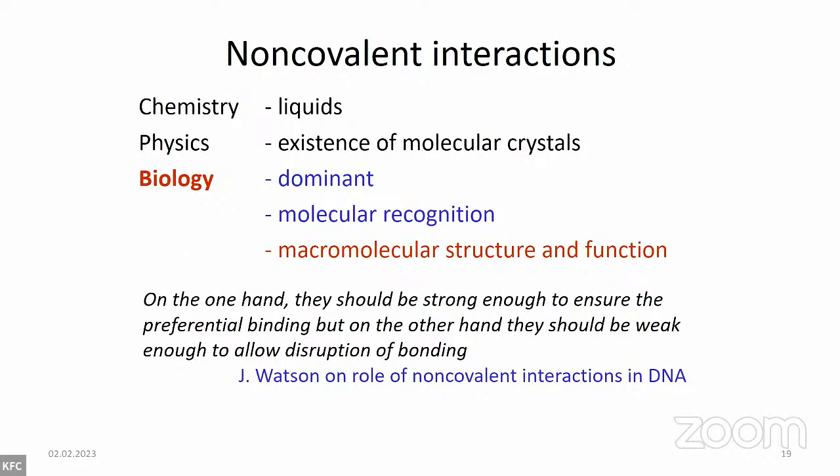And that's actually quite true, because the non-covalent interactions, in comparison to the covalent ones, are weak enough so they can form some kind of a recognition complex, and this complex can then be dissolved again quite easily. So they are quite important interactions for molecular recognition and for whole macromolecular structures and functions.